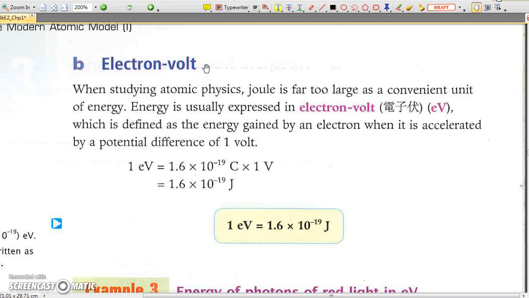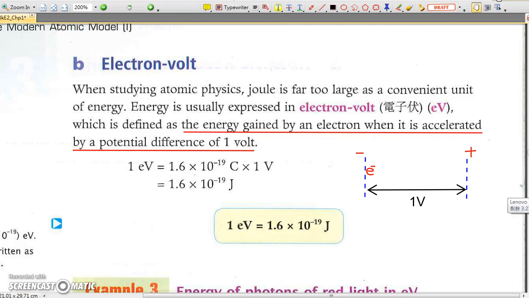Simply speaking, 1 electron volt is the energy gained by an electron when it is accelerated by a potential difference of 1 volt, such as in this picture, when the electron is attracted by the higher potential on the right hand side, and the electron becomes faster and faster on the right. So it gains kinetic energy, it gains energy from the electric field.